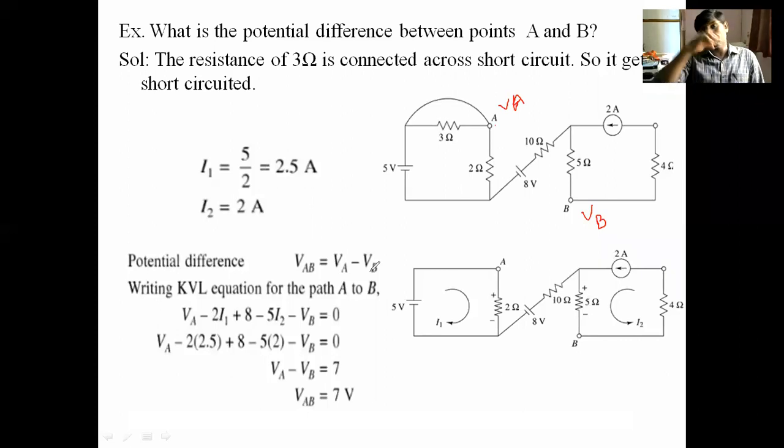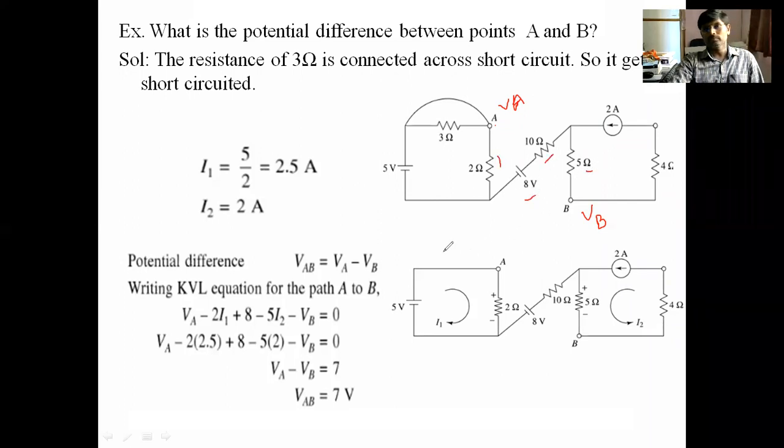Now, what are the elements present between VA and VB? Whenever you want to find the voltage between 2 points, you must find the voltage drop between those 2 points. It may be a single element or maybe 2 or 3 or 10. If there are 10 elements, you need to find the voltage drop across the 10 elements. So here, in between A and B, 2 ohm, 8 volts, 10 ohm and 5 ohm.